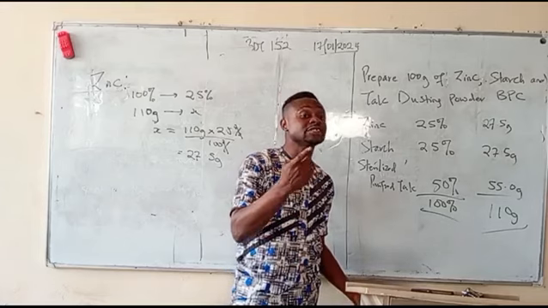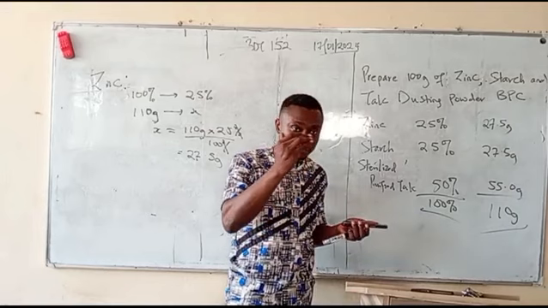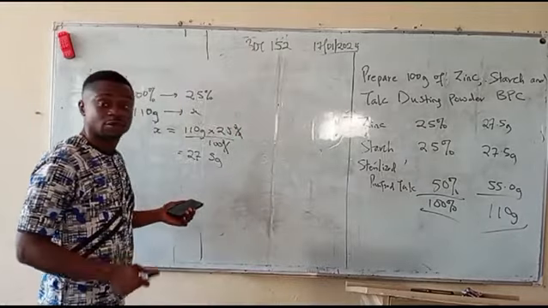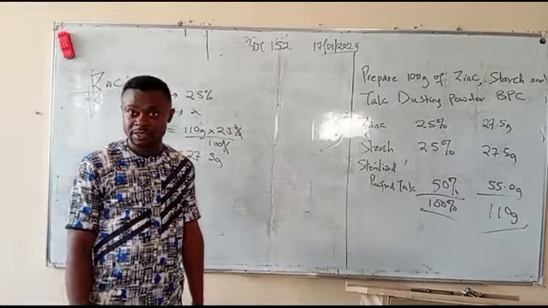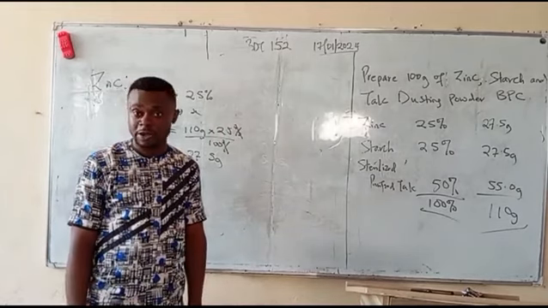Try as much as possible to give some allowance, so that if you use 105, you may end up not getting up to 100 grams. It's possible. Just give space a bit. Like 110 is okay. In practice, it's okay.